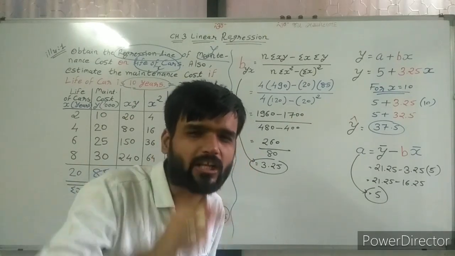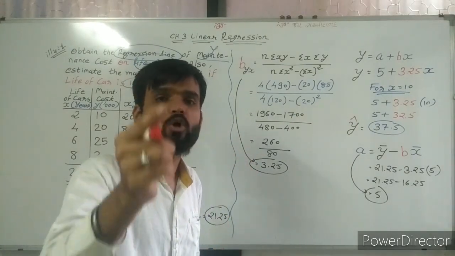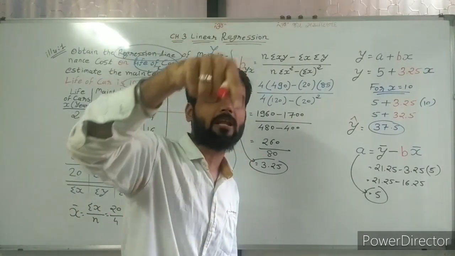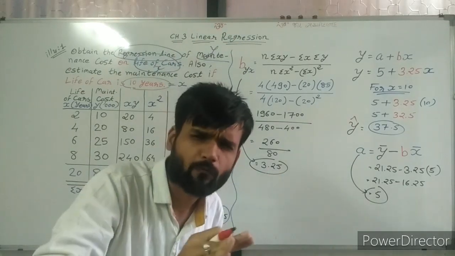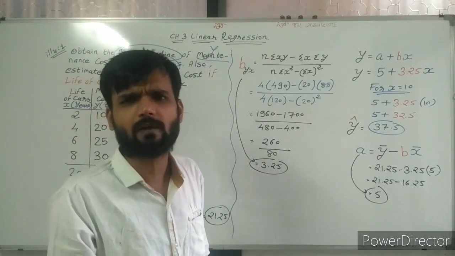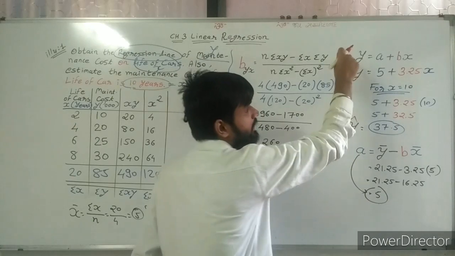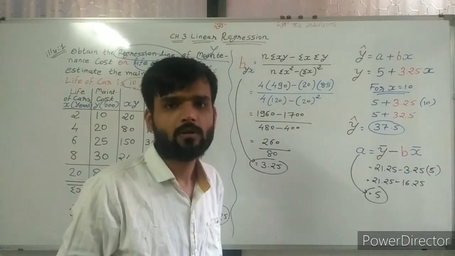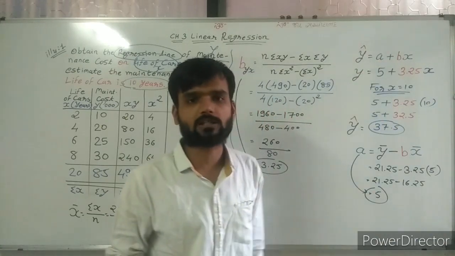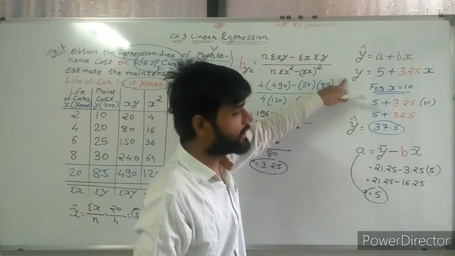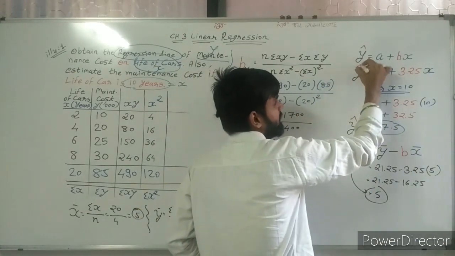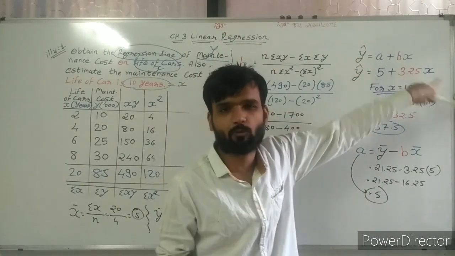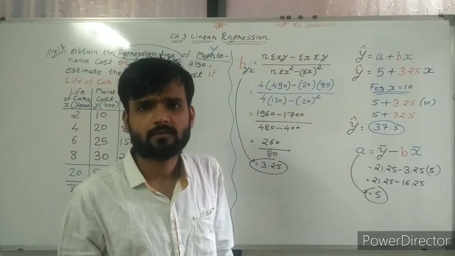Why are we writing cap? Sir, because it's an estimated value. It's not a proper perfect value. It is nearer to that value. And that's why in the regression line also we are writing cap. Y cap is equal to a plus bx.